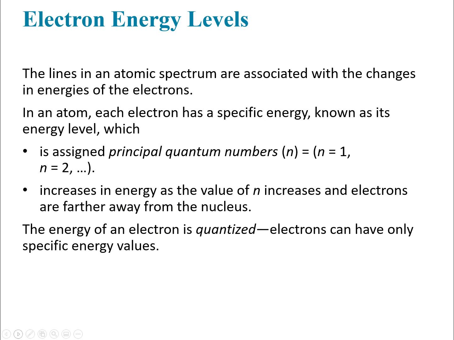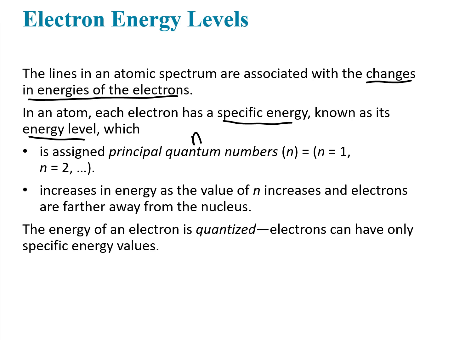So this brings us to electron energy levels. As I said, the lines in the atomic spectrum that are associated with each element are associated with the changes in energies of the electrons. Each electron has a specific energy known as an energy level. So you're going to see that energy level represented as N, and it will also be called the principal quantum number.